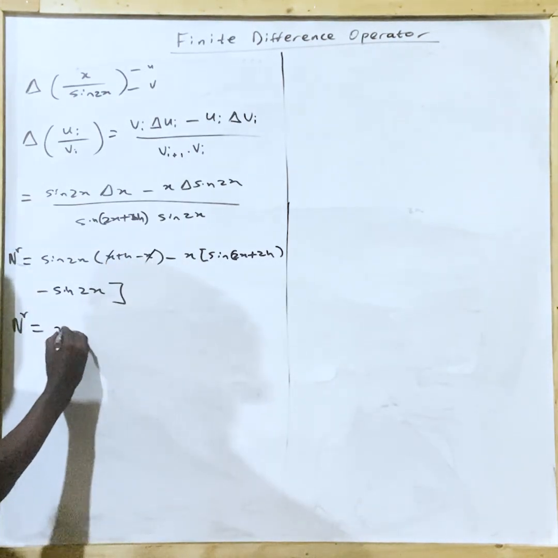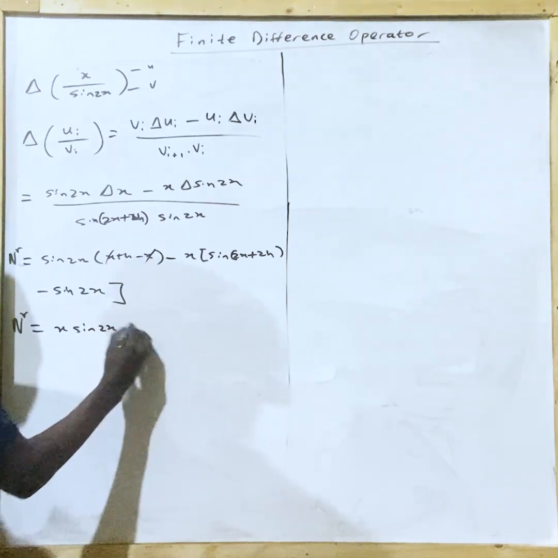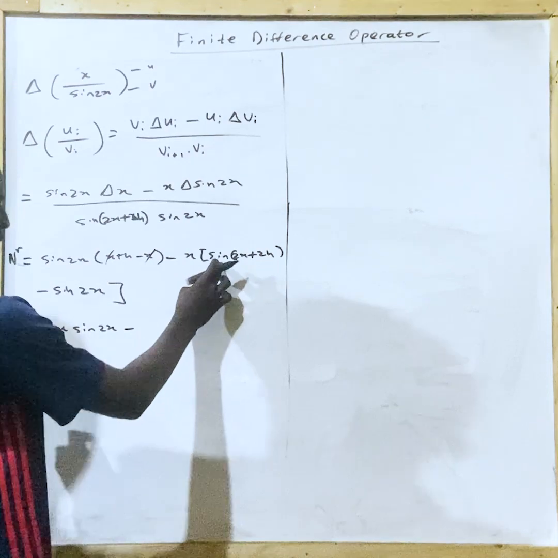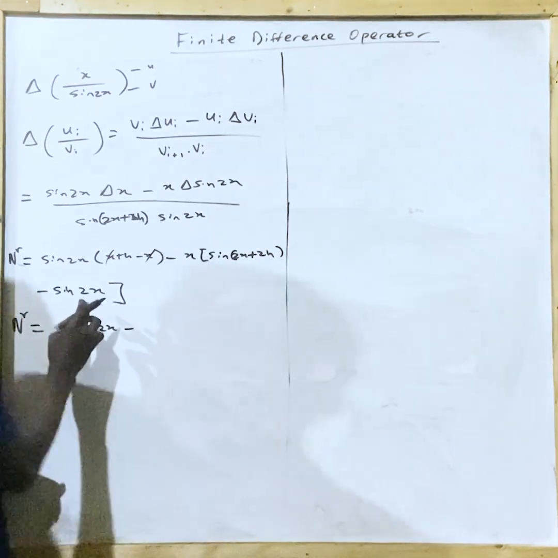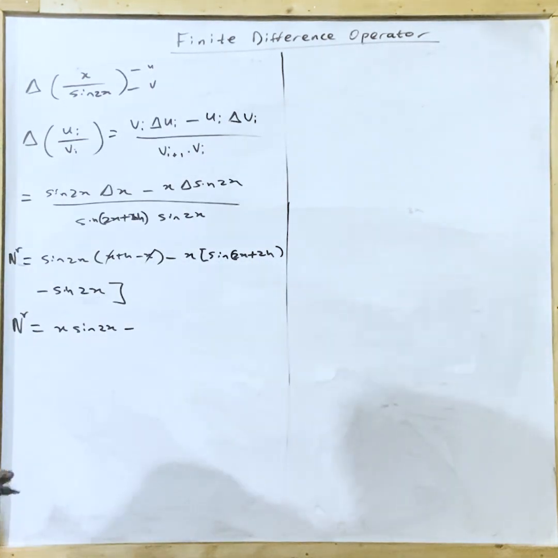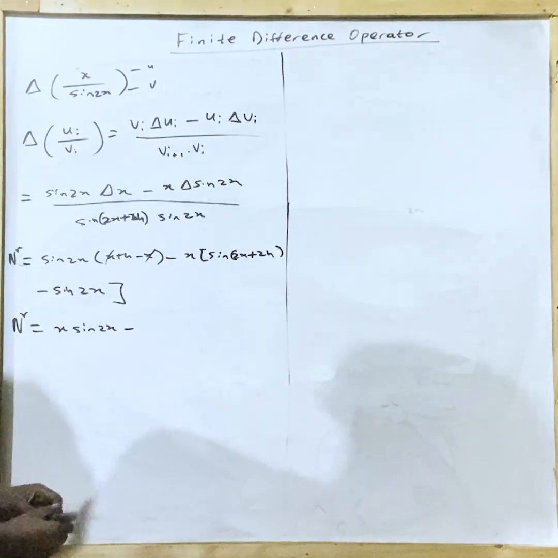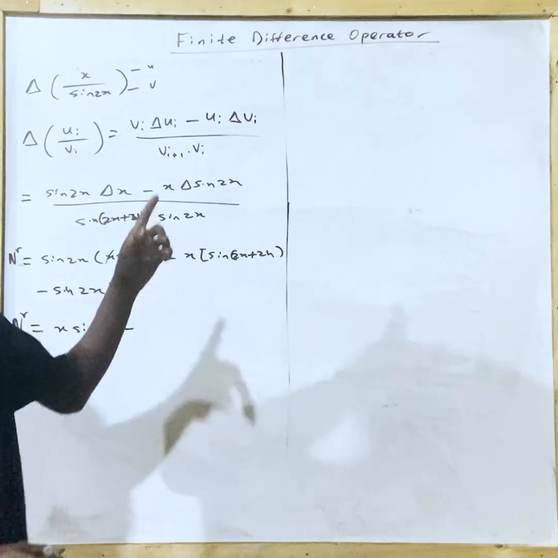So I'll be having x sine 2x minus, now for this guy, you have sine(2x plus 2h) and you have sine 2x. You have to recall a trig identity to actually simplify it, and I would write it on the side.